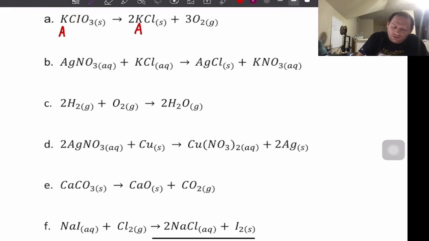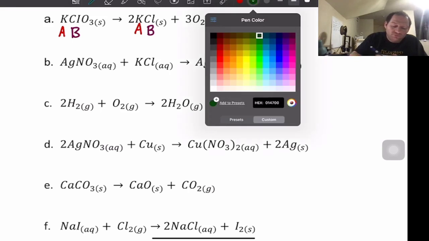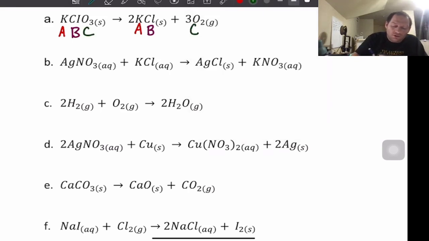Is a B, and that's a B. And oxygen would be the C. Sorry, I had a brain fart. All right, so this would be a single, double, synthesis, or decomp. Well, since it broke apart, this would be a decomposition.